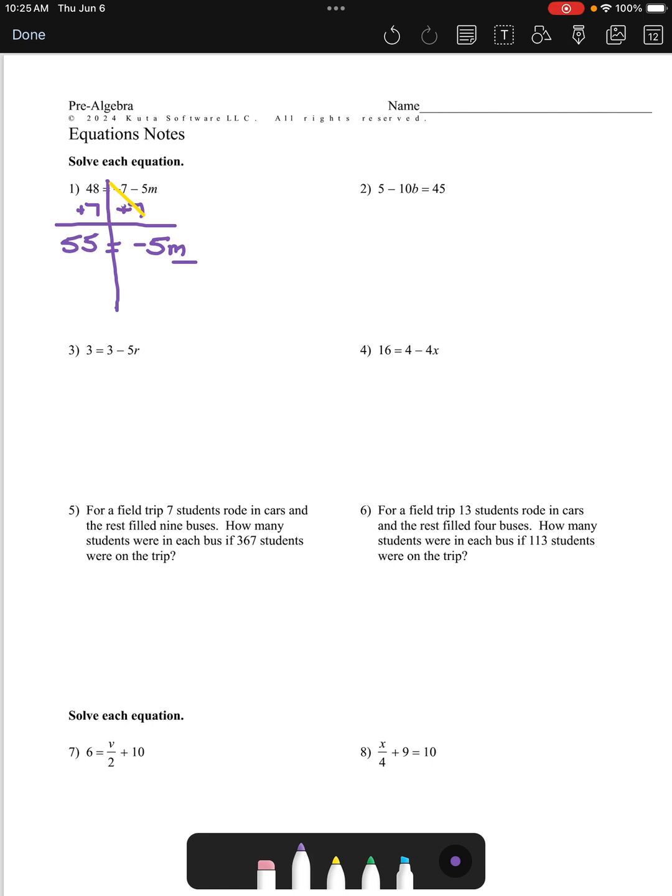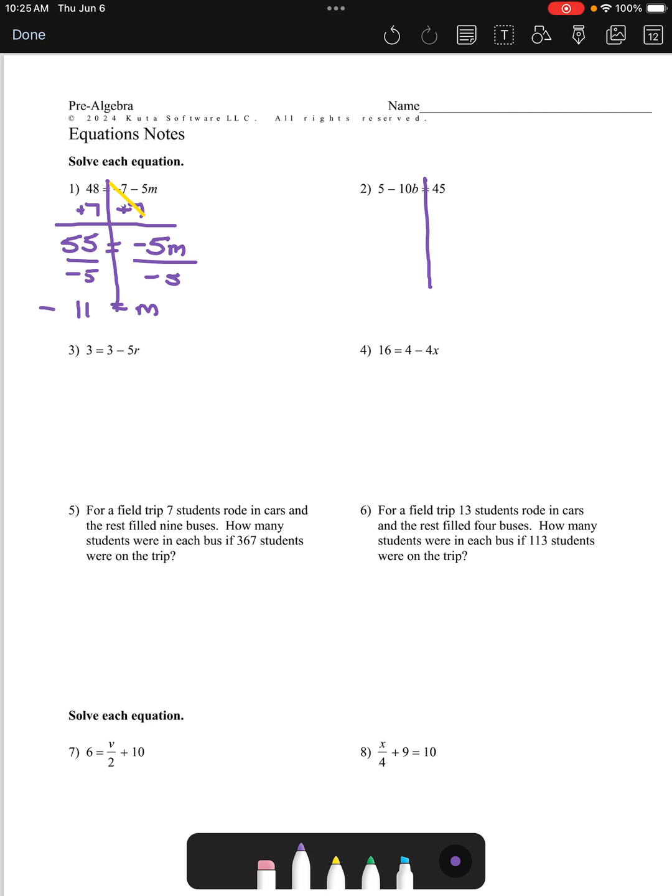M is not yet alone. It takes one more step to get it there, and that one step is to divide everything by -5. We have a positive divided by a negative, so our value is negative, and 55 divided by 5 is 11.